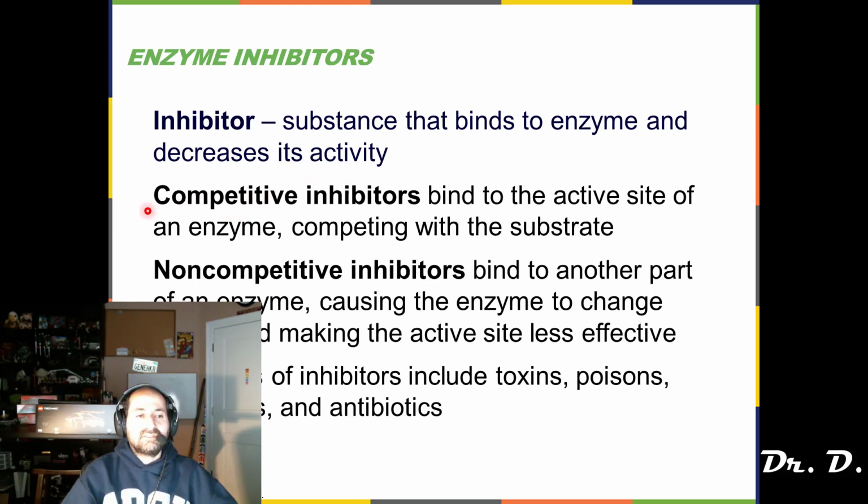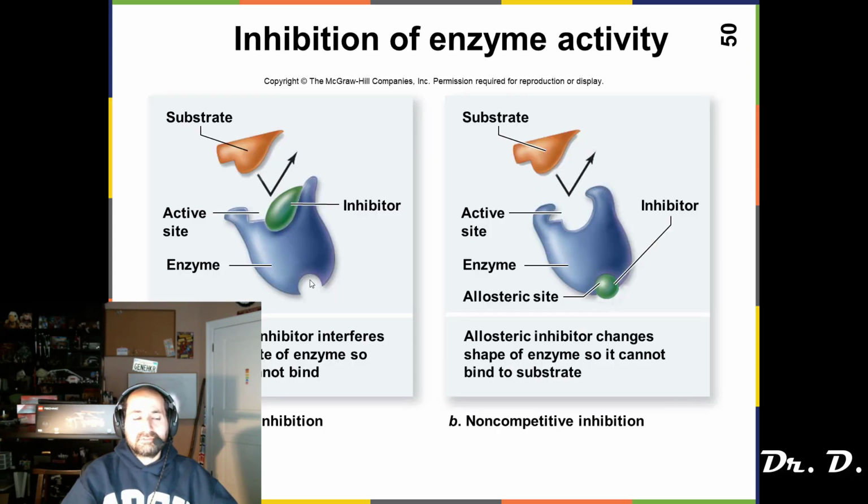Okay, now these inhibitors, these molecules can be called competitive inhibitors, or they can be called non-competitive inhibitors. Let me show you what these inhibitors look like. So if this is the enzyme in blue, and this is the substrate in, what is this, like a burnt orange?